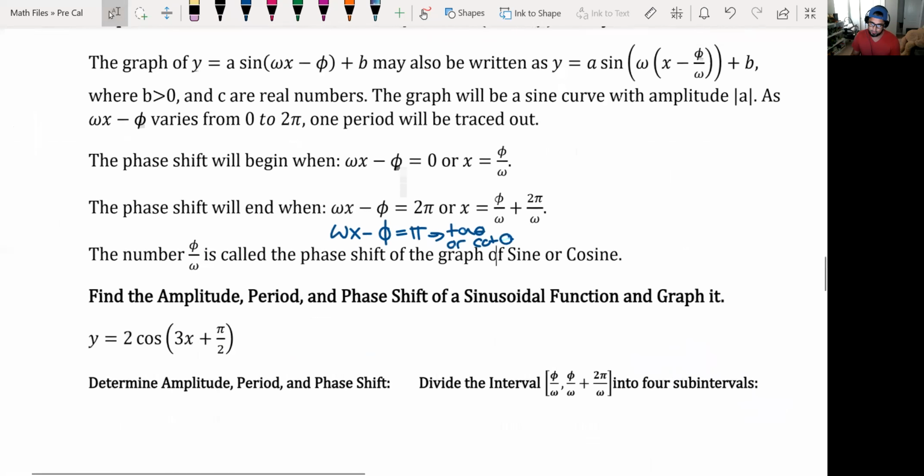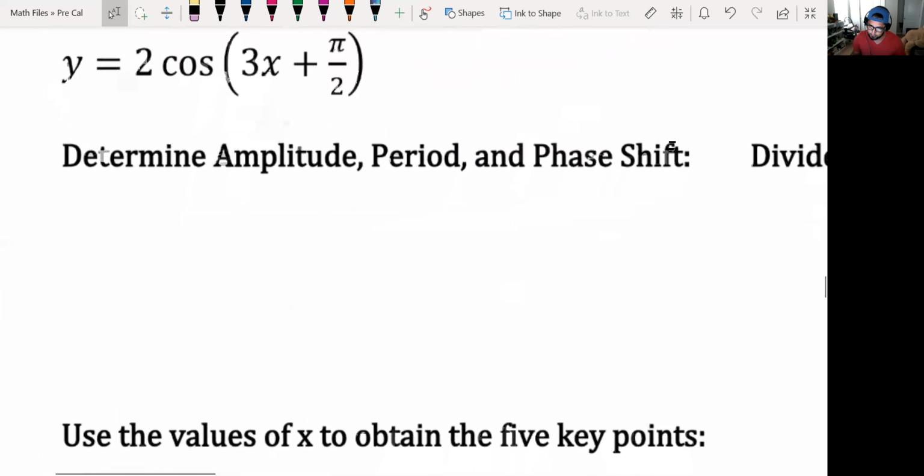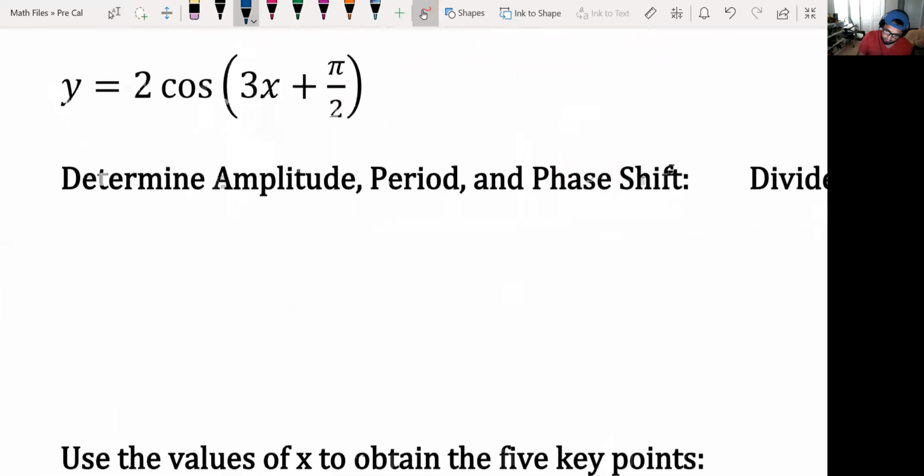Okay, so let's go ahead and graph this by key points. We don't even need to rewrite it. We don't care about rewriting it because we're not using transformations. We're using key points. So the very first thing we're going to do is find amplitude, period, and phase shift. Okay, so easy enough.